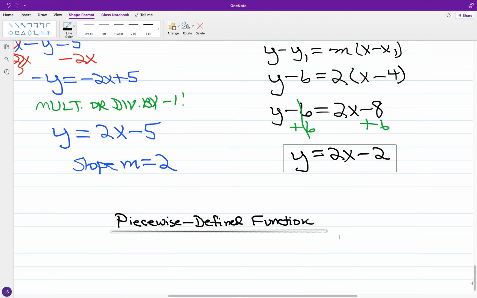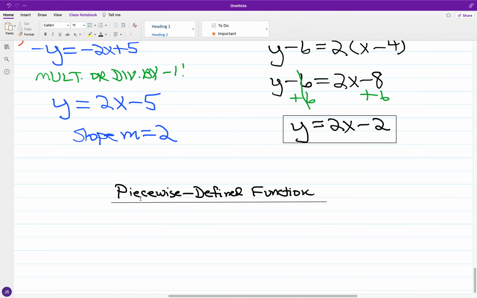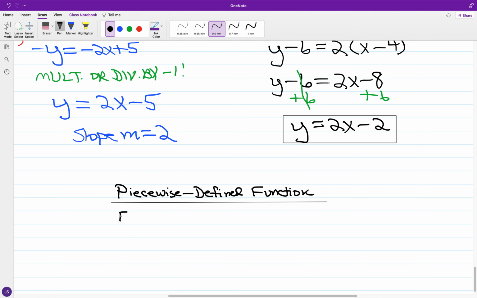Okay, and just like an everyday application of a piecewise defined function, every year taxes are paid, and you can have something like a form, a federal form 1040, tax brackets.